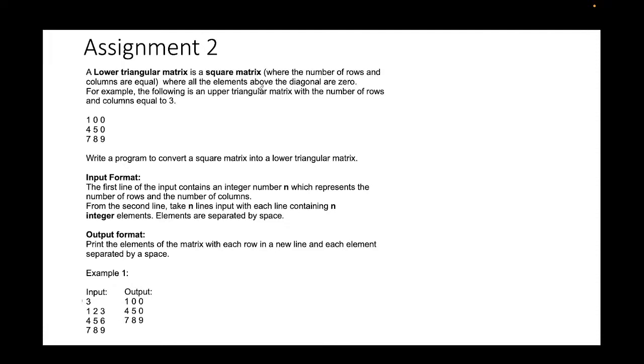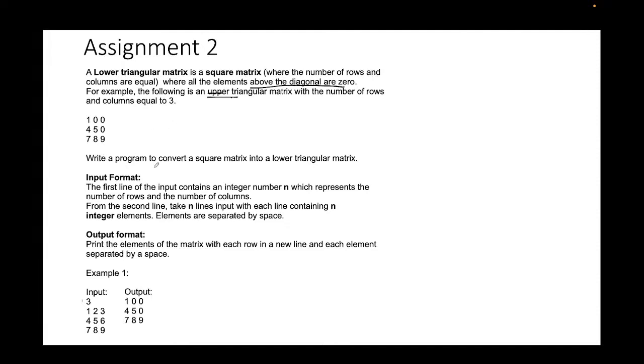For example, the following is an upper triangular matrix with the number of rows and columns equal to... this is a typo. This is a lower triangular matrix, because whatever is below the diagonal is non-zero and above it is 0. So just correct this.